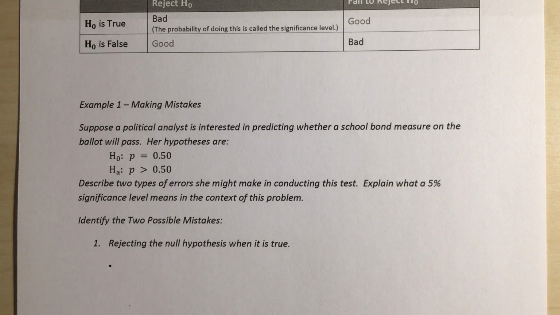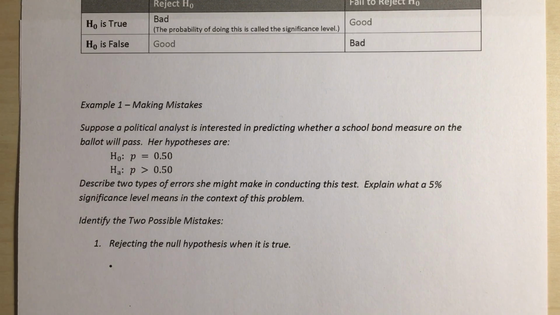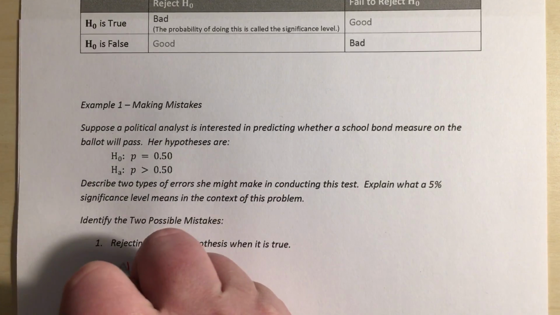All right, so one possible bad conclusion that we see in the table above is rejecting the null hypothesis when it is true.